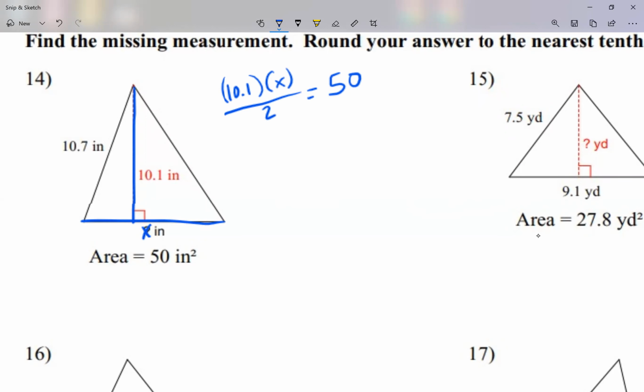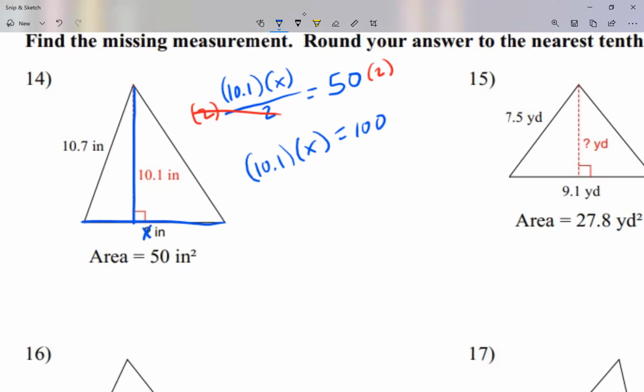If you don't like fractions, get rid of them. The way I'm going to get rid of fractions is to multiply both sides by 2, so that cancels the fraction out. Now I have 10.1 times x is equal to 100. Yes, my 50 got bigger, but at least I have no fractions.